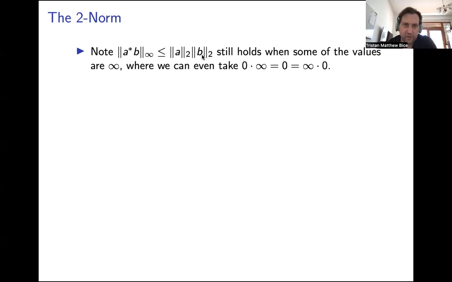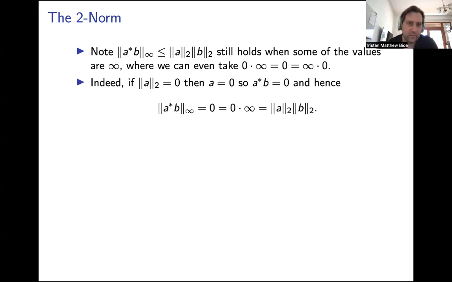Then you have the question of how you should interpret 0 times infinity. You could interpret it as anything between 0 and infinity, but the strongest statement you get would be when you interpret this as being 0. And even in this strongest form, the inequality still holds. The argument is pretty simple: if the two norm of any element is 0, then that's actually saying that everything has to be 0.